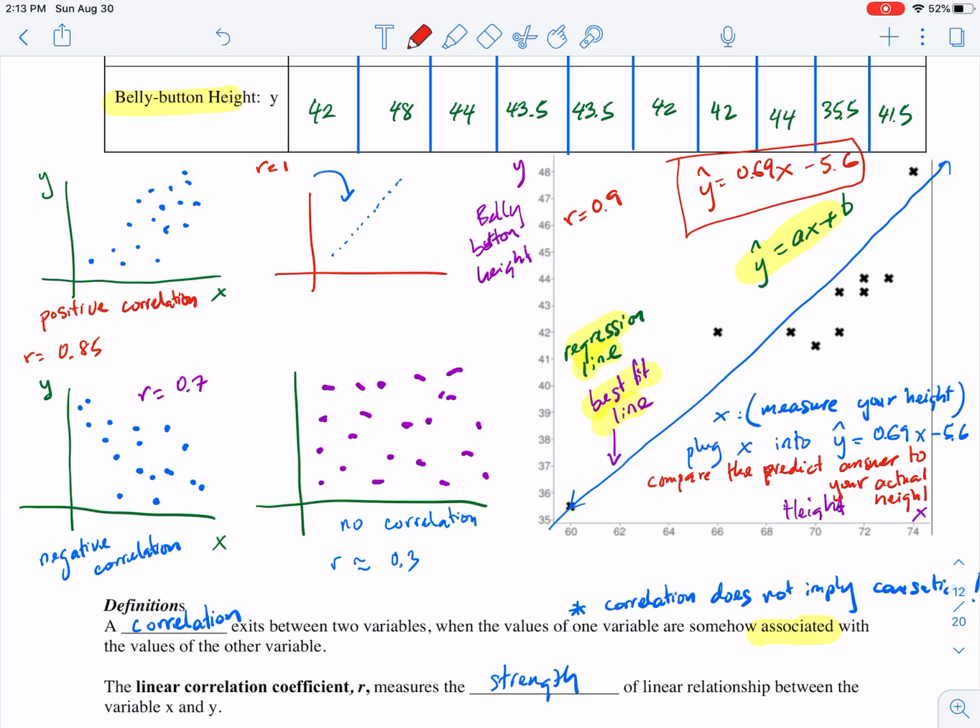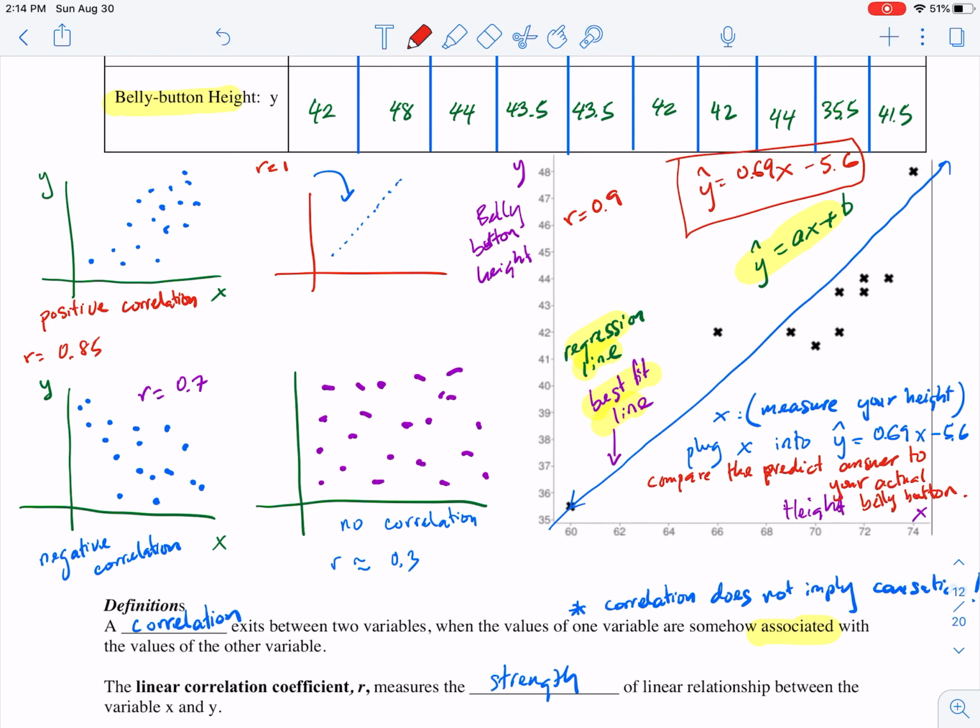Remember, you have to measure in inches. When you measure, compare the predicted answer to, not the actual height, but your actual belly button height. You can measure to verify it and see how good this model is.